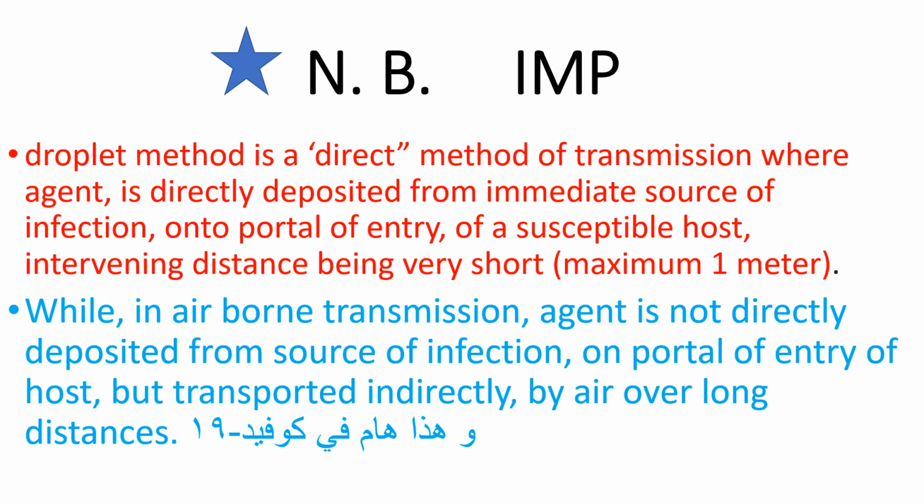The organism goes out of the source by cough or sneezing or any other way, then settles down due to the large and heavy nuclei mixed with dust, and then it is carried by air currents for long periods and so infects many patients.